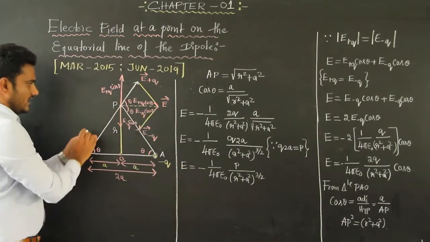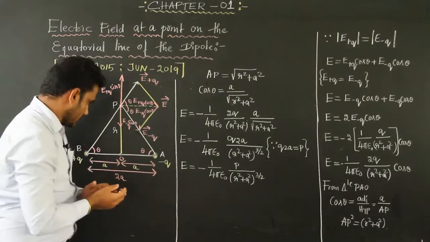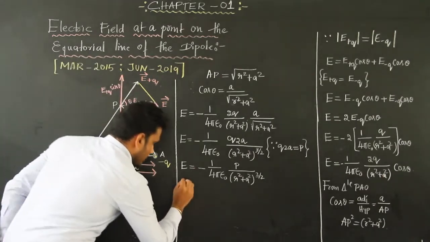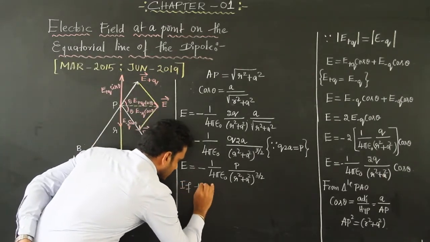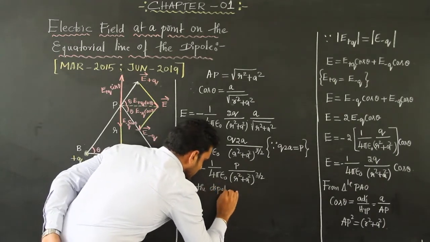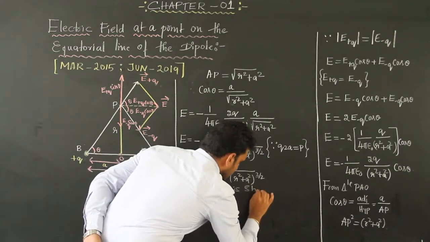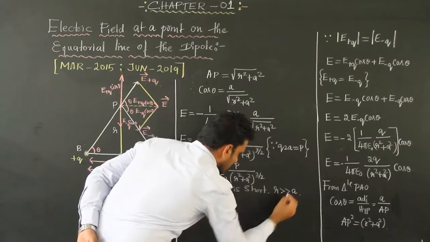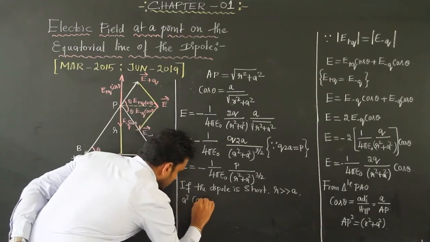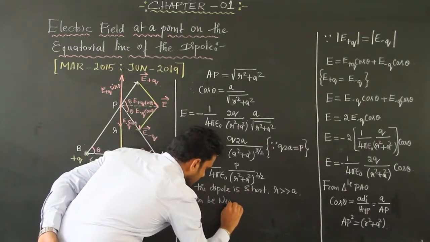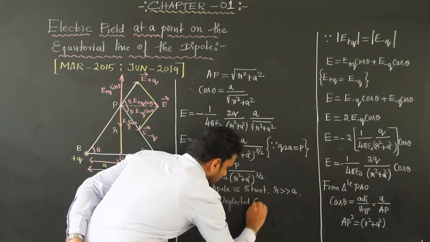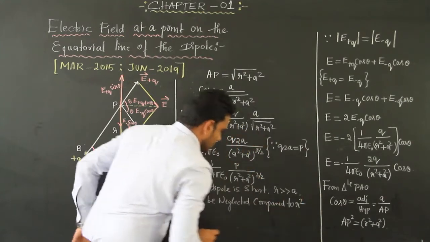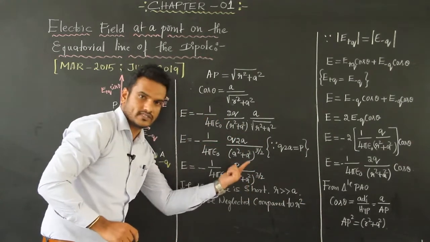Now, if the dipole is small or short, which means R is very much greater than A, then A square can be neglected compared to R square. So we need to neglect A square since the dipole is very small.